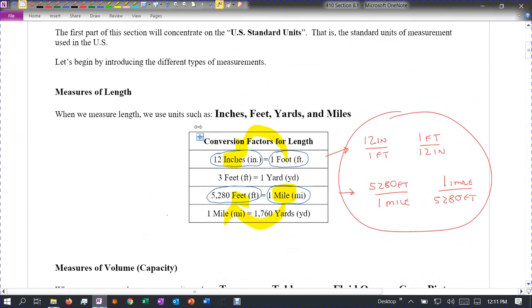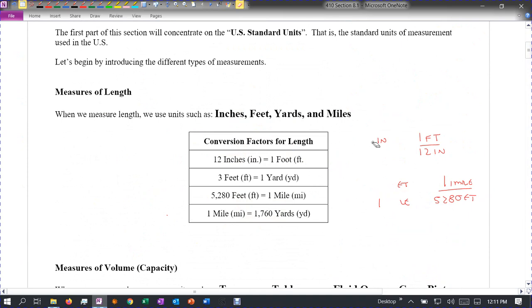Well, we knew that 3 feet is equal to 1 yard. So that means I can write that 2 different ways: 3 feet over 1 yard, or 1 yard over 3 feet. Which one are we going to use? Well, it depends on what we want to cancel.